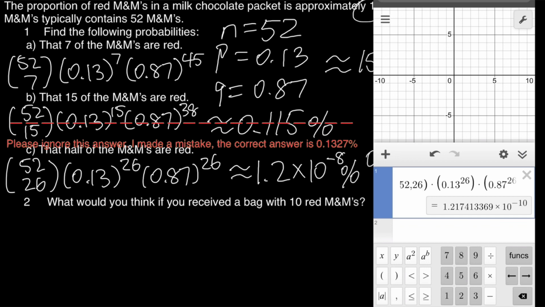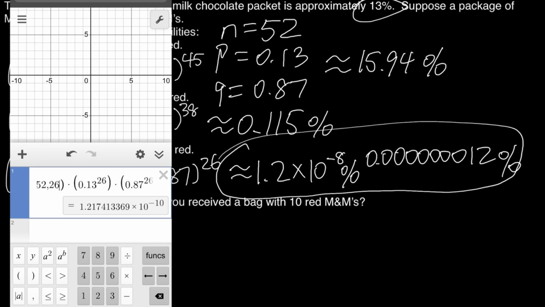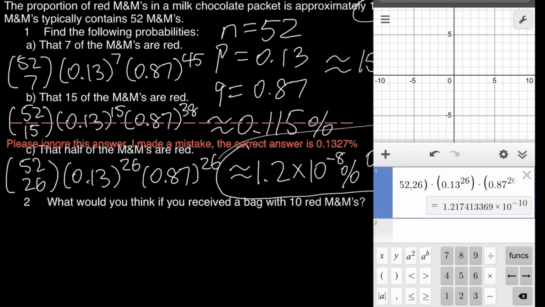So the number has to be pretty small. So here 1.2 times 10 to the negative 8th percent, or just 0.000000012%.